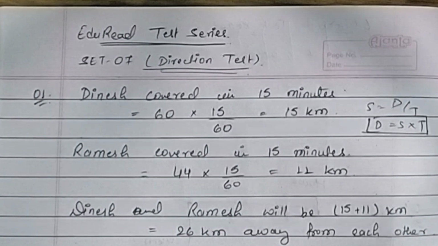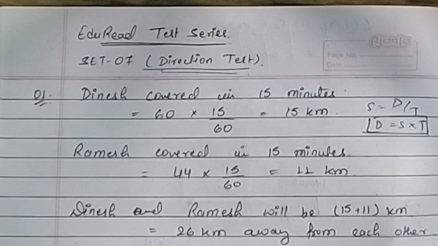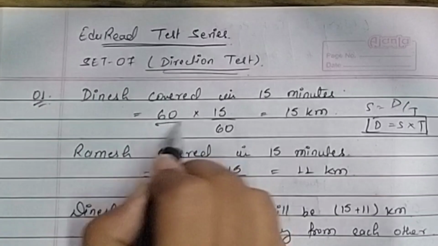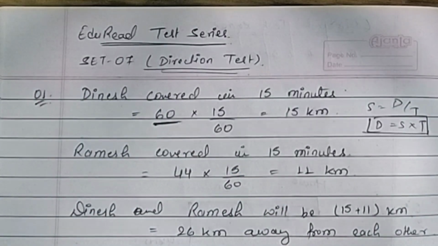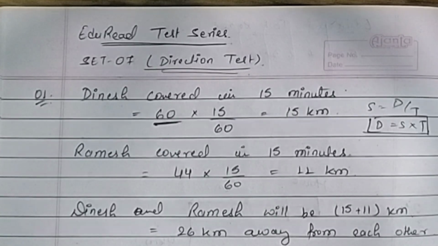So the distance covered by Dinesh in 15 minutes will be like 60 kilometers. So basically speed of Dinesh is 60 kilometers per hour and we have time in minutes.